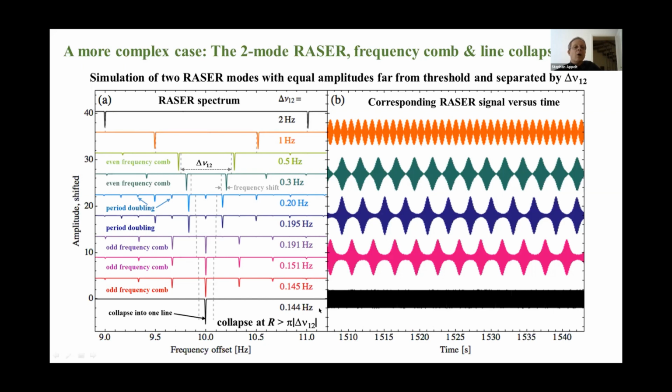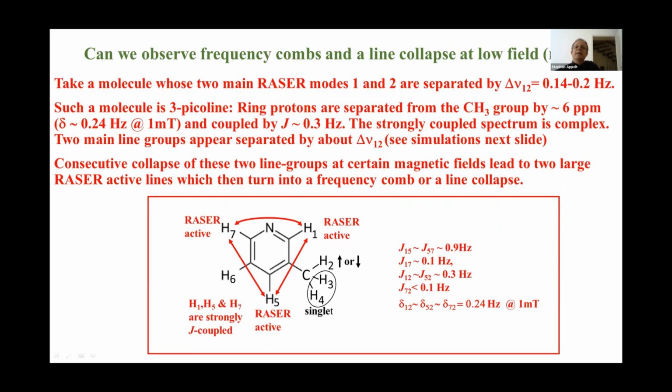Okay, so can we observe the frequency combs and line collapse at low field, at the millitesla? The first attempt we tried, it was CERN's idea, say we take picoline. Picoline at low field at 1 millitesla is incredibly complicated.